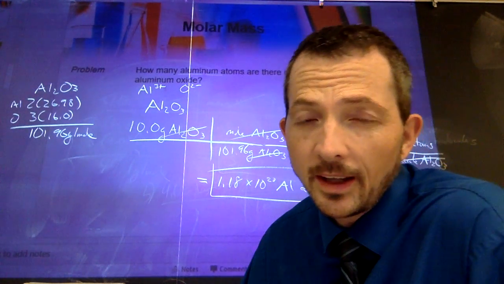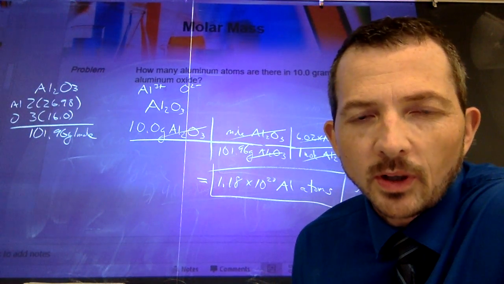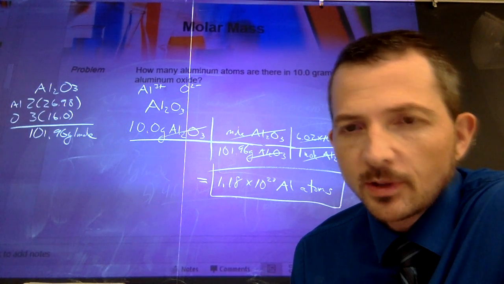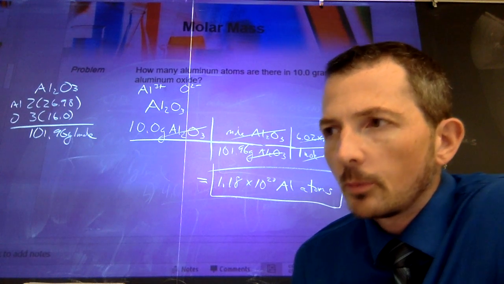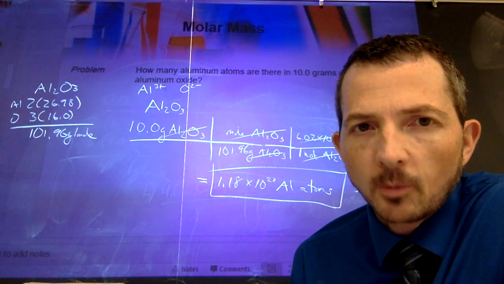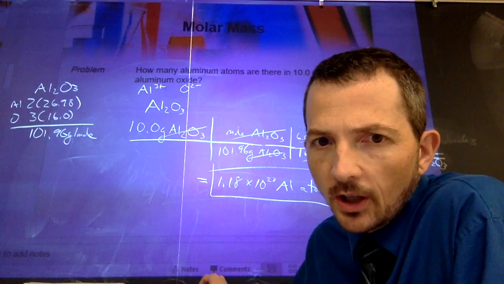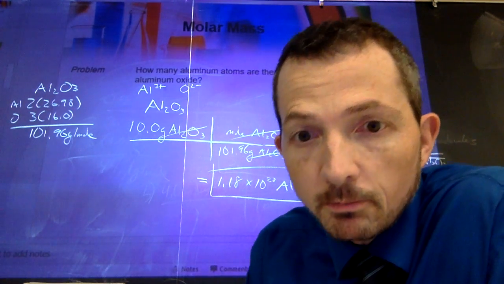So that's it for some problems using the molar mass to go from grams to moles or from grams to molecules even. And so that prepares us to go ahead and jump right into stoichiometry, which I'll cover in the next lecture.